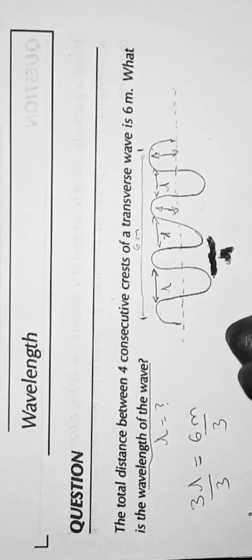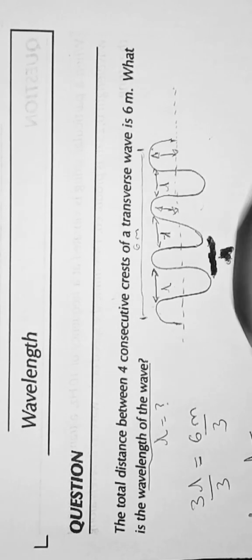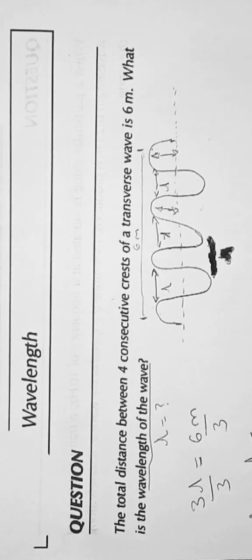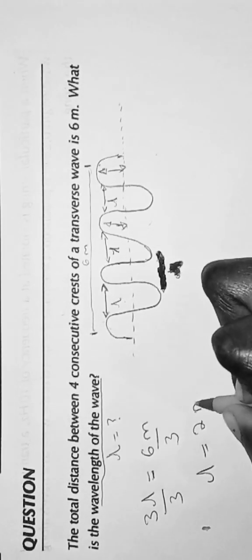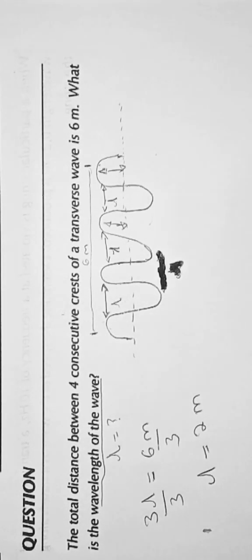I'm dividing both sides by 3 in order to find my lambda. My lambda will be 6 divided by 3, which gives me 2 meters. So my lambda is equal to 2 meters.